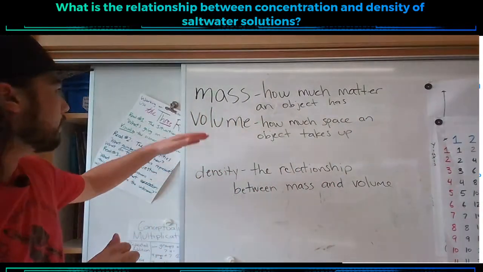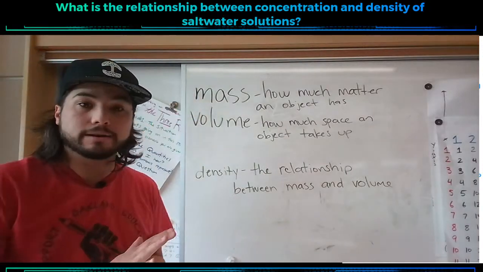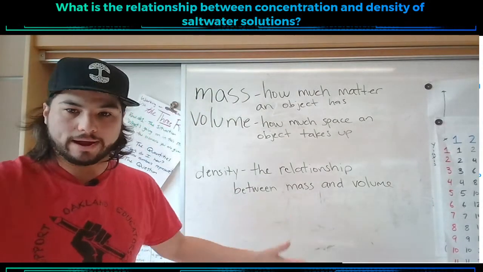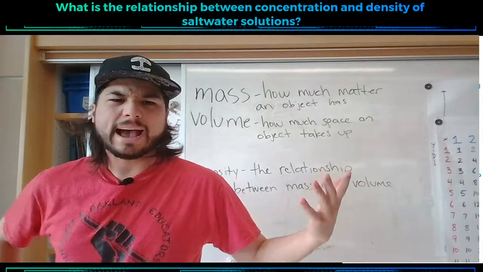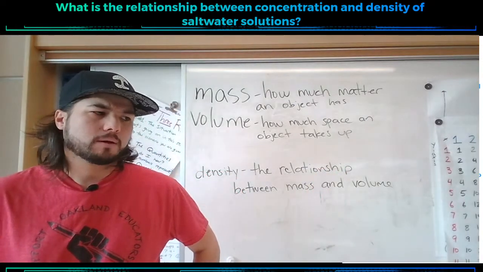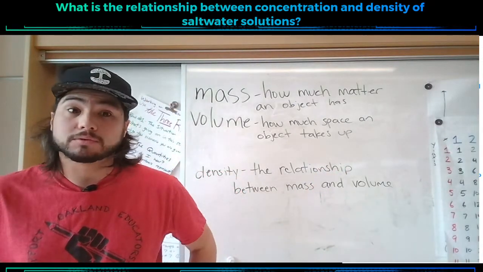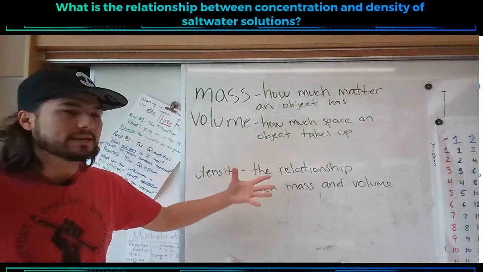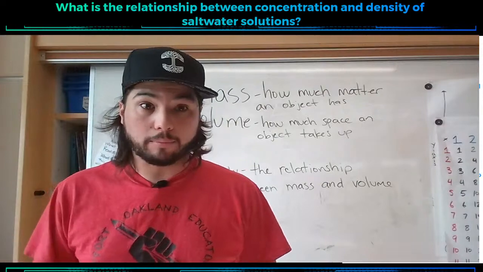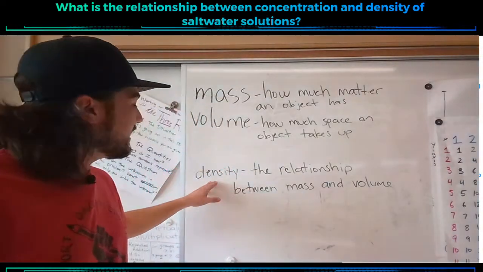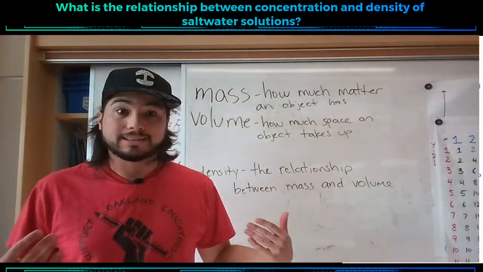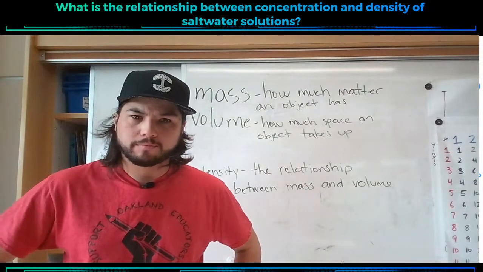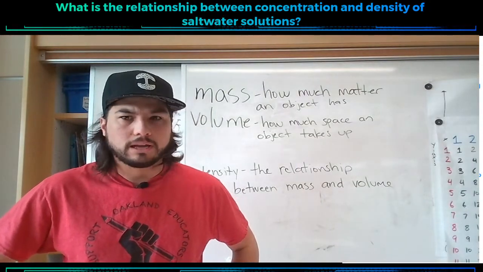Over here we've got mass, how much matter an object has, right? That's measured in grams. How much weight, how much matter, how many molecules a thing's got, right? And then we have volume, how much space an object takes up, right? Density, our word of the day, is the relationship between mass and volume.